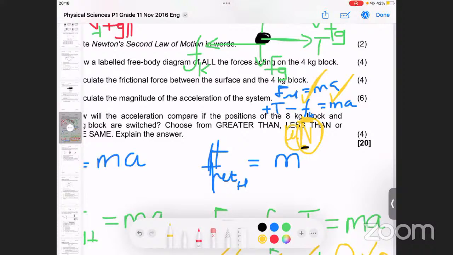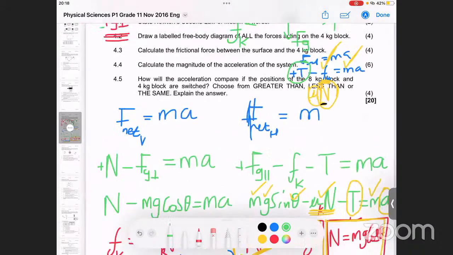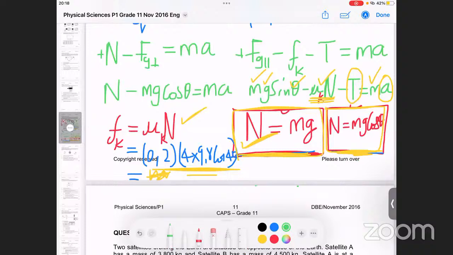And then this is the part where Sinit was saying I will therefore need to make this the subject of the formula on that equation for the 8 kg. I will also make this the subject of the formula for the 4 kg. Then once you've made those two the subjects of the formula, you equate them. That's how you'll be able to mathematically get the acceleration. That's how you work it out.